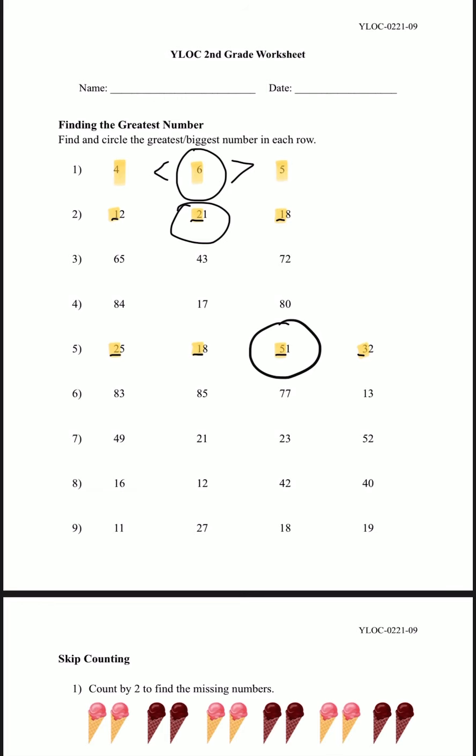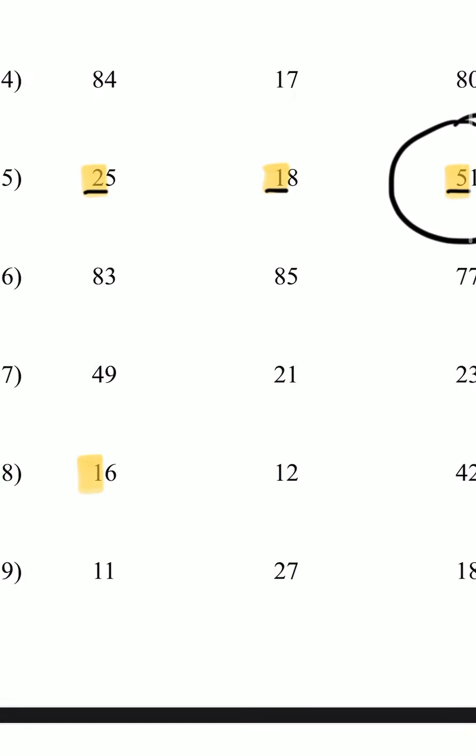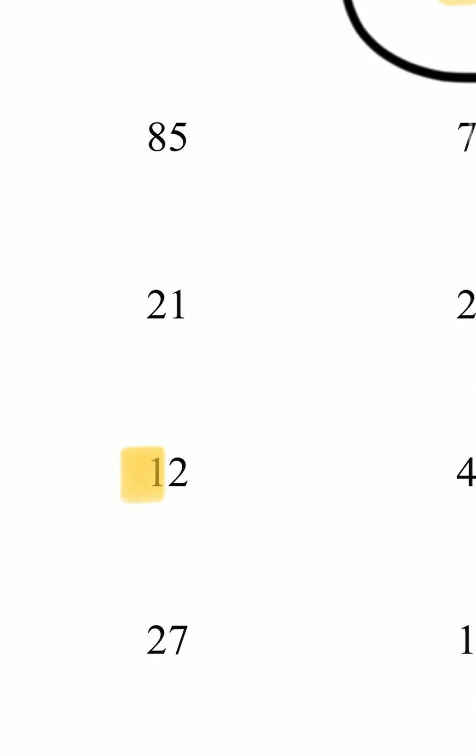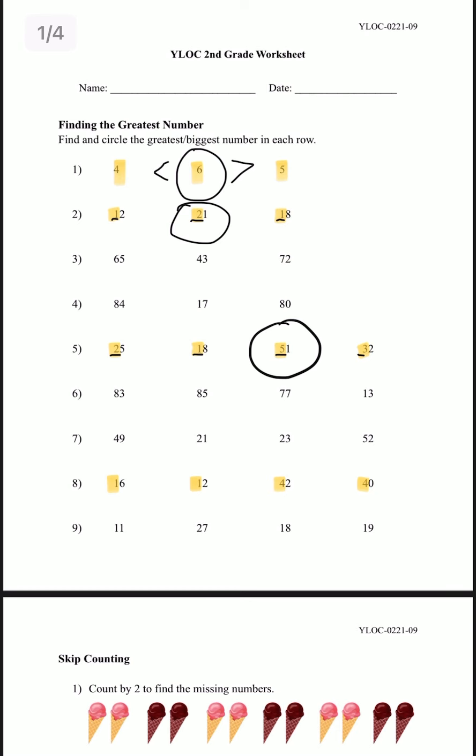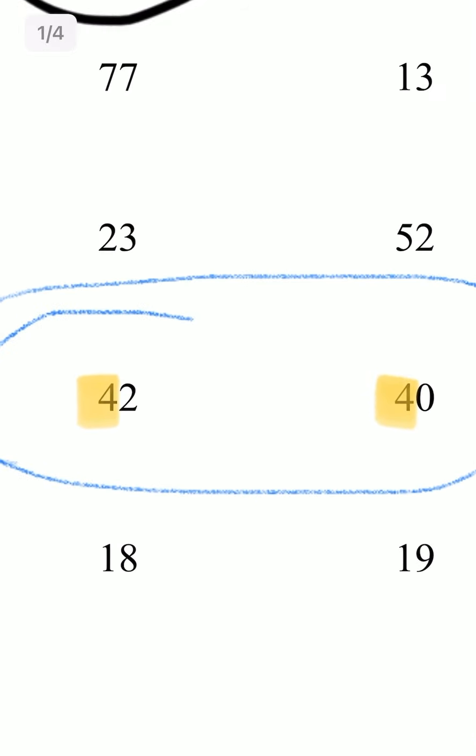Let's look at number 8. 1 is on the tens place, 1 is on the tens place, and 4 is on the tens place. And this also is for the tens place. And these numbers are greater than these numbers since 4 is on the tens place.